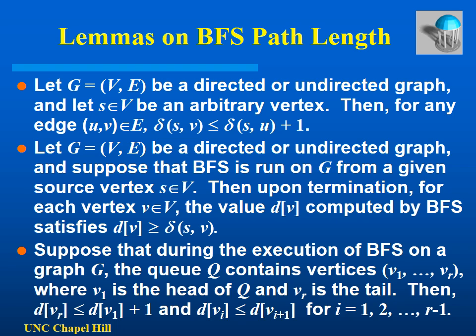And the final lemma says that whenever the Q contains a particular list of vertices, call them V1 to VR, where V1 is the head of the Q and VR is the tail, then everything on the Q has length given by these two relationships.